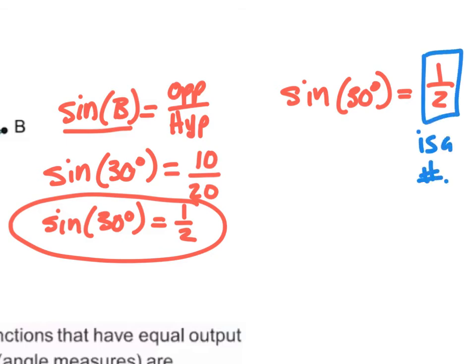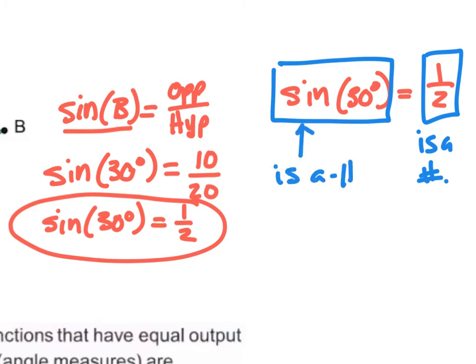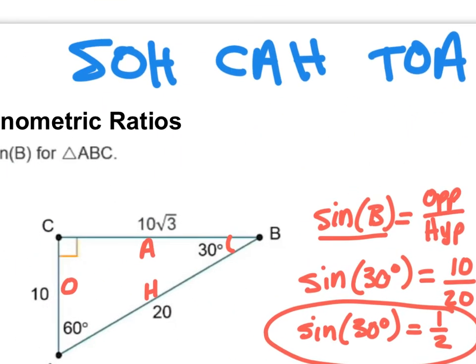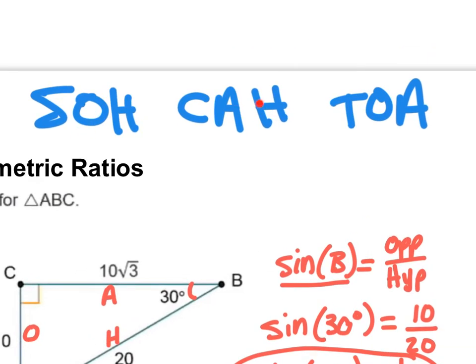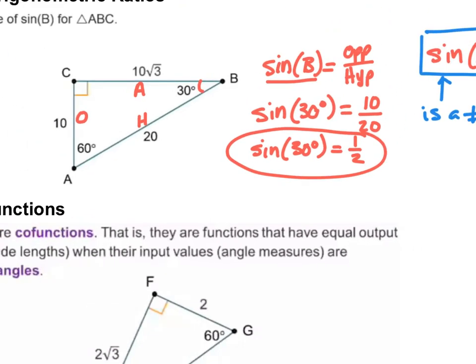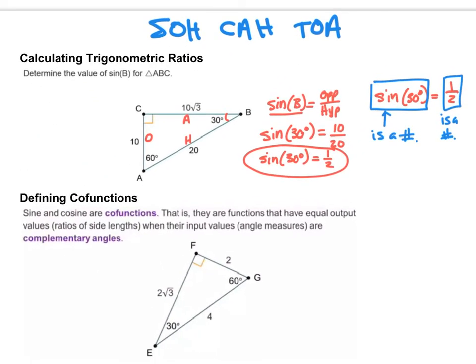When I say sine of 30 degrees, I'm referring to a ratio of side lengths. When I write this, it is a number. Simple as that. The trick is writing it, coming up with it, and remembering what your ratios are. But that's easy because you know what SOH CAH TOA is, correct? So that's the idea.